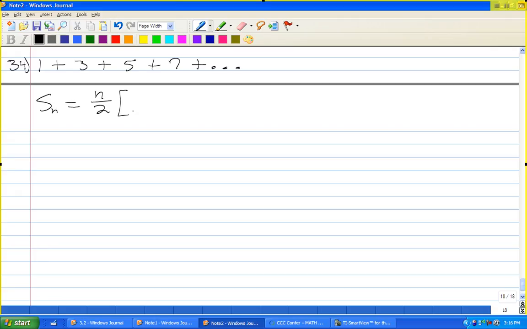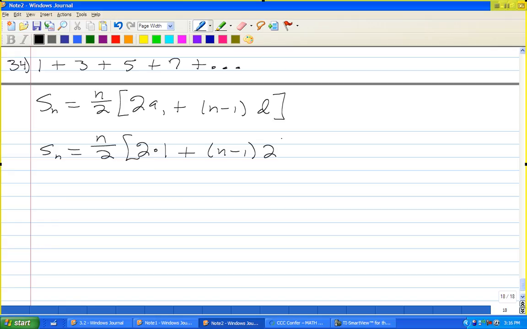I do not know the last term, so I'll use 2a1 plus n minus 1 d. The first term is 1. The common difference is 2.